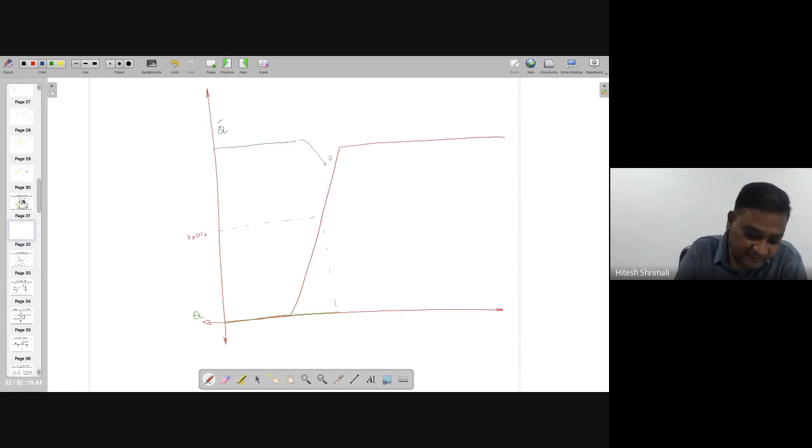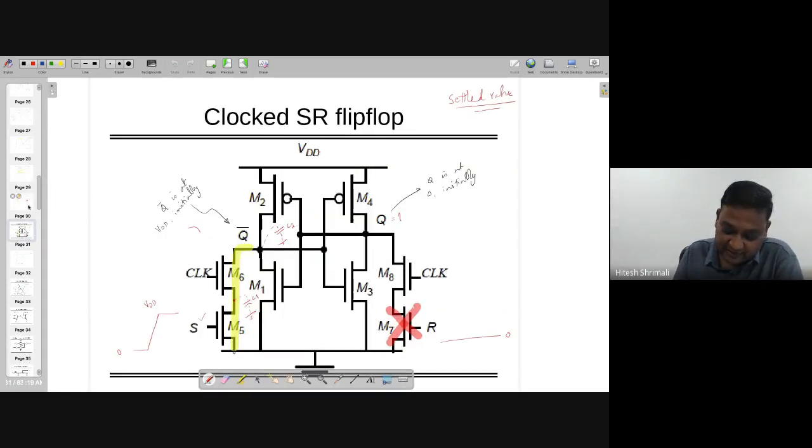But what is happening when it's conducting? Look, until this goes to VDD by 2, or some certain value lower than VDD by 2, which qualifies as a logic 0, until that time this is not moving anywhere, right?